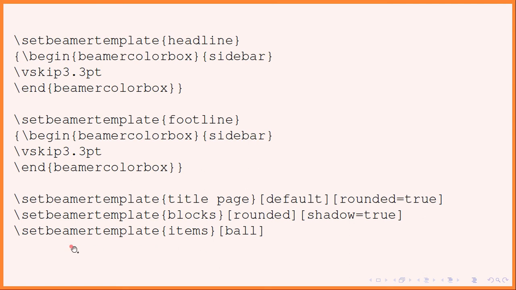Set beamer template items. So the item numbers will be given by a colored ball with a number inside, and enumerated items will have numbers, and itemized items will not have numbers, just a ball will be printed.